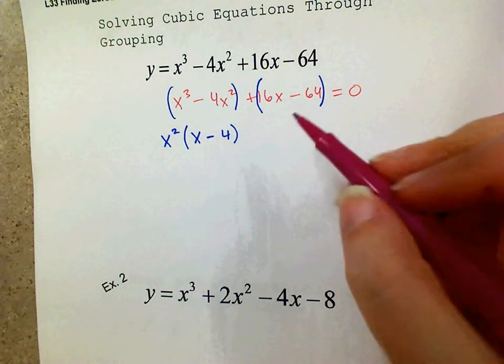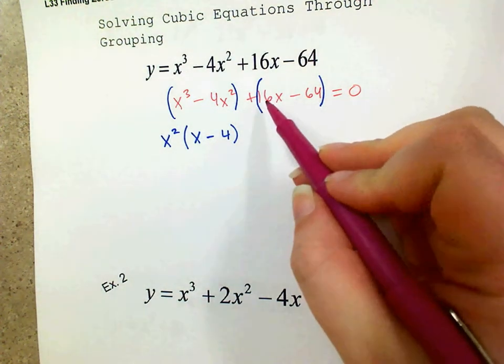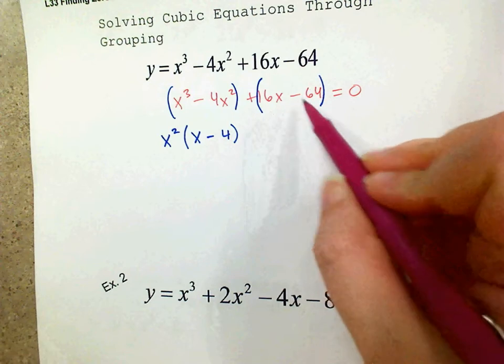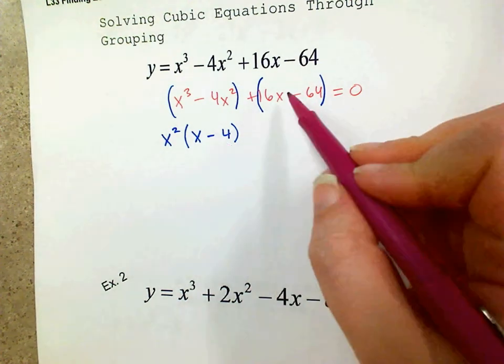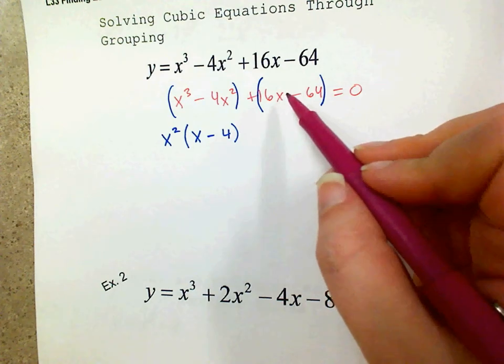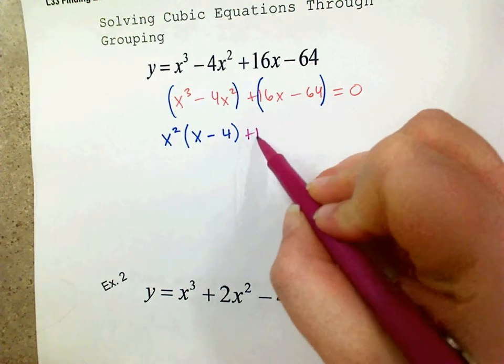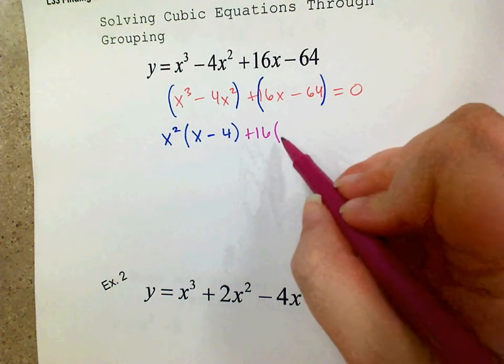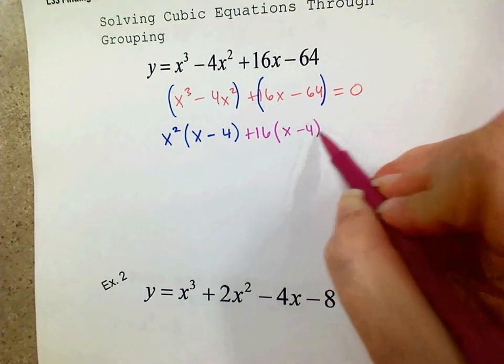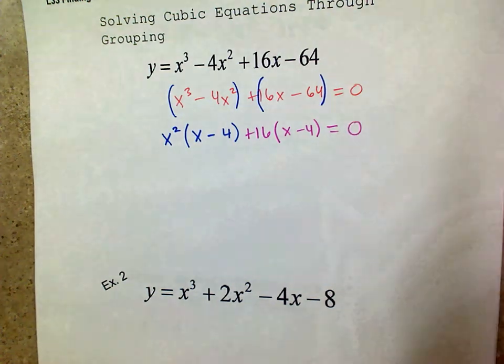Well, if you're not sure, definitely check 16. Because what I need to happen is that whatever I factor out here, I need it to look like x minus 4 when I'm done. So if you check, 64 divided by 16 is 4, so I'm going to factor out a 16. If I factor out a 16, what am I left with? X minus 4, and then equals 0, right?